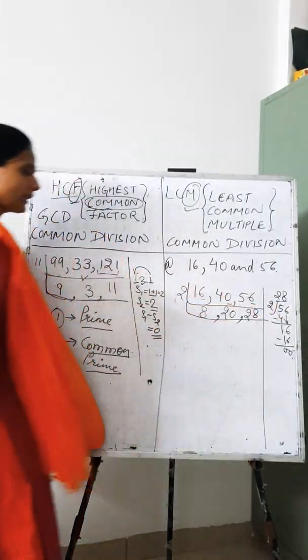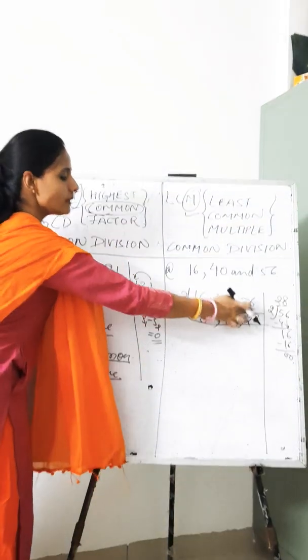So I have written here 2, 30, 8, 20, 28.